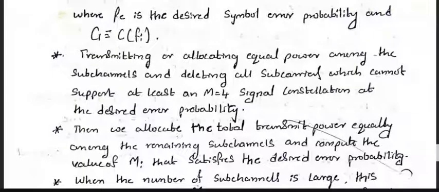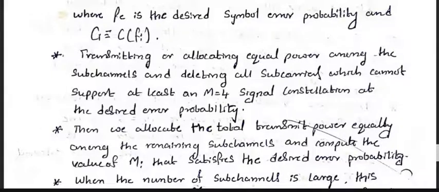So the subchannel should be in a position to transmit the messages. If the particular subchannel is not in that position, then the subcarriers in that subchannel will be deleted. That is what we do here.